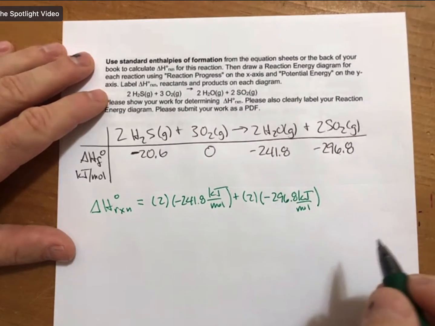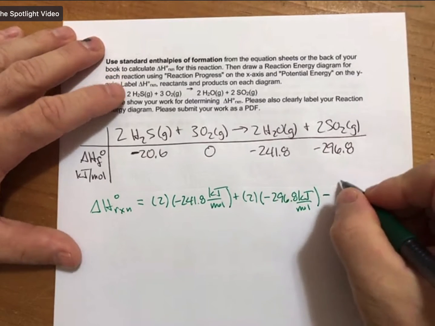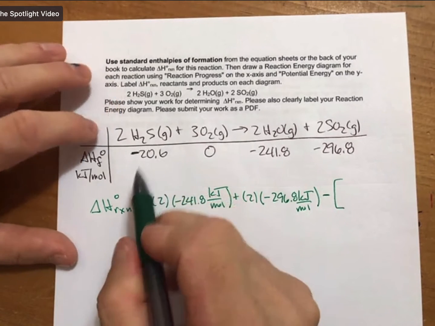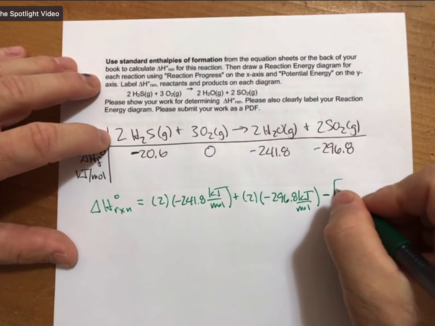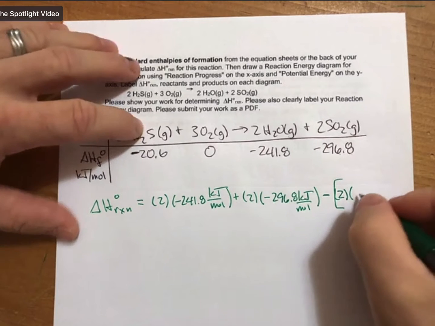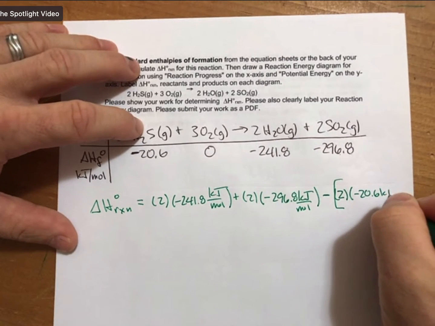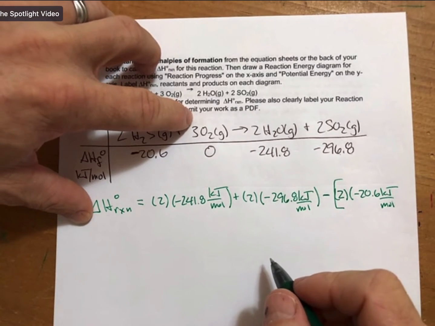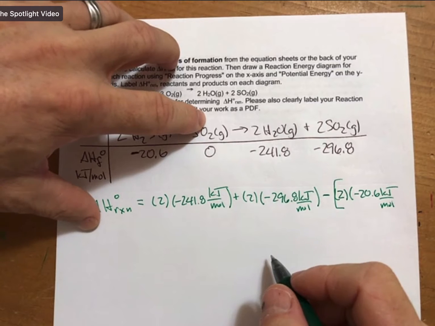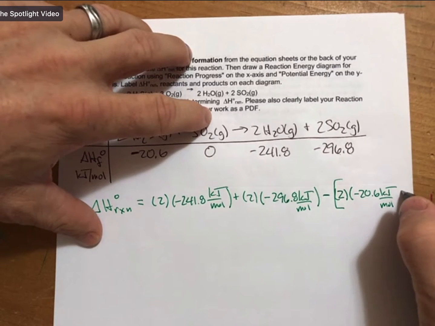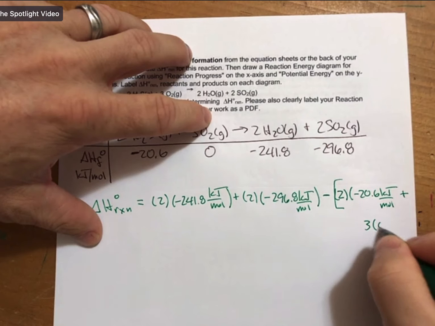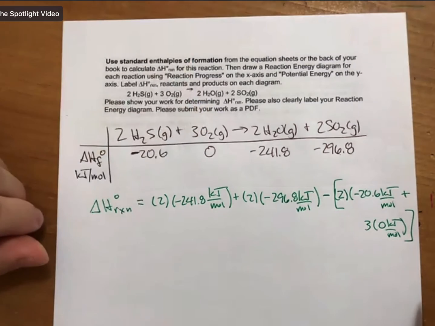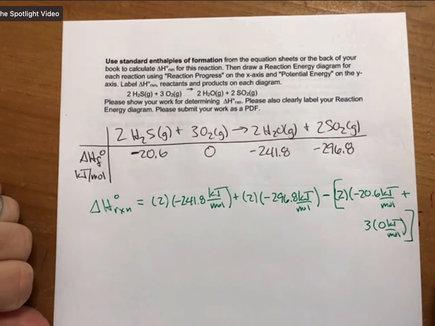I'm stacking up my units to save space again, minus the quantity of all the reactants, which is going to be 2 times minus 20.6, and plus 3 times 0, and I guess I'll write that in, plus 3 times 0 kilojoules per mole, which doesn't change the math at all, but for a sense of completeness, we'll put it in.